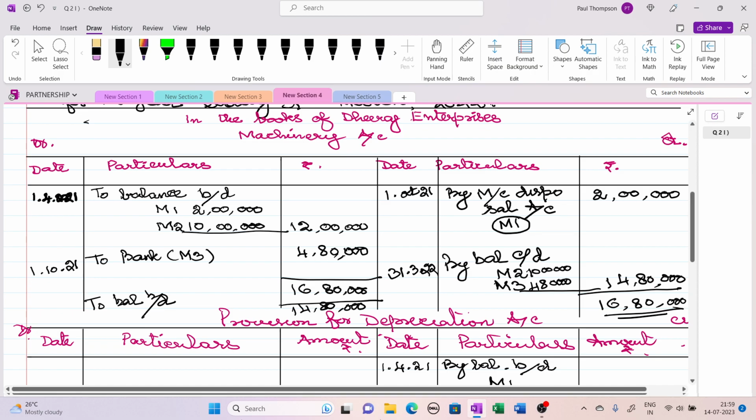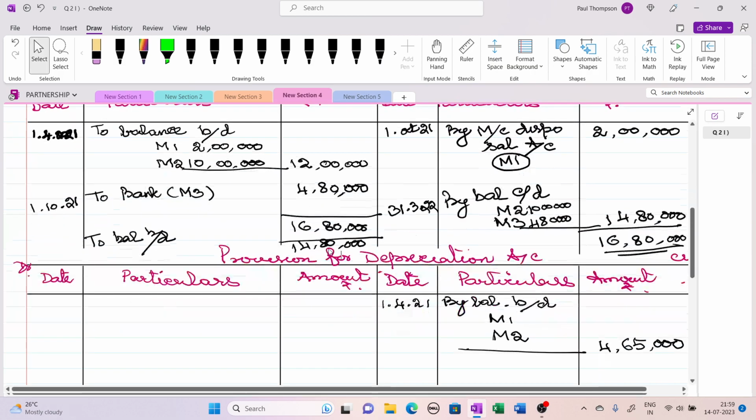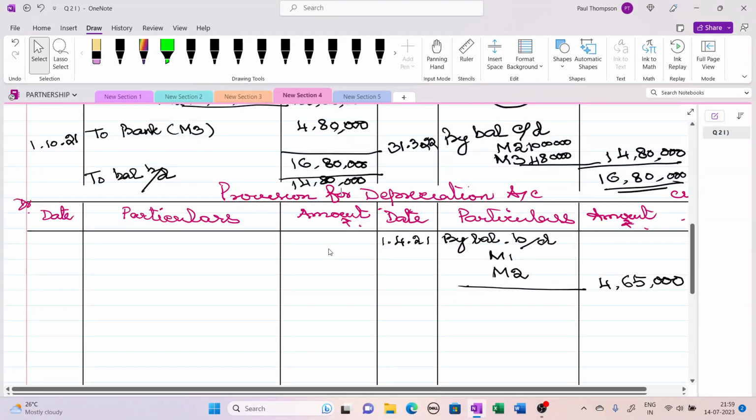Now what we have to do? We have to prepare one working note to calculate the depreciation because we got the total depreciation for both the machines. Now we have to sell machine number 1. So we have to find out the depreciation till 1/4/21 and then till the date of disposal, so that we can take the balancing figure.